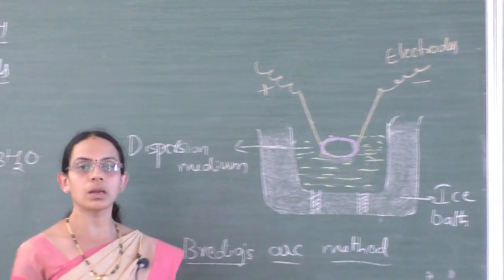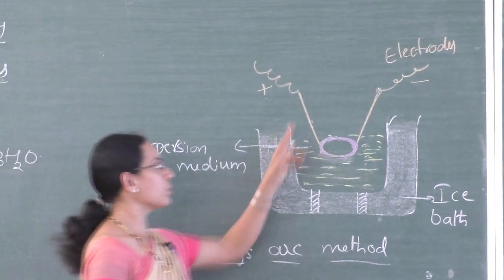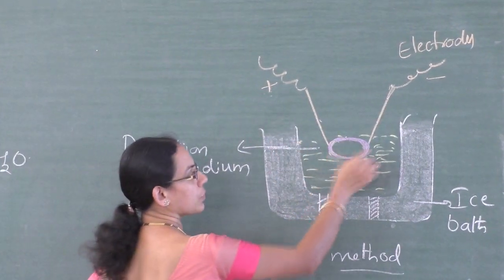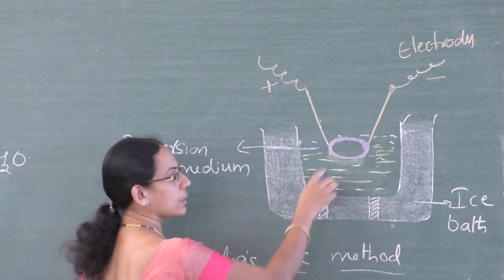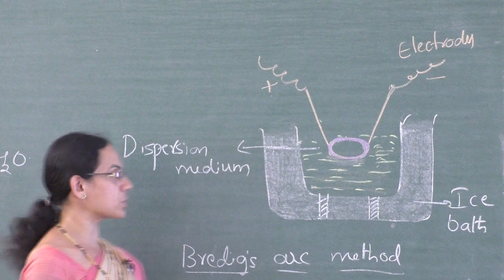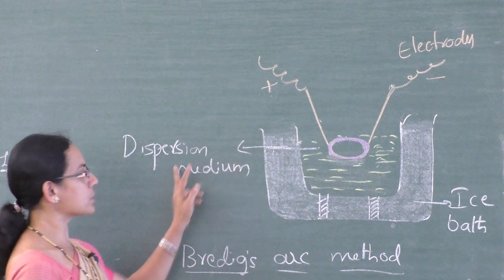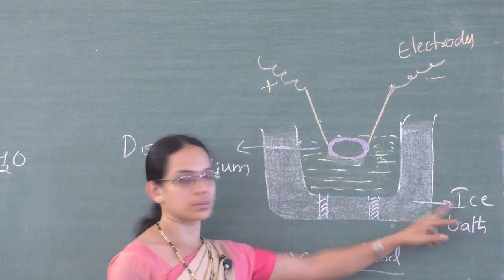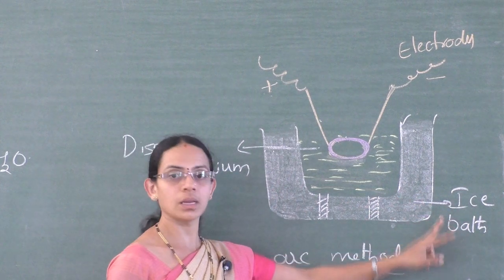If you want to prepare copper sol, we have to take copper electrode here, and those electrodes are struck with an electric arc, and that electric arc is dispersed in a suitable dispersion medium. So this is the dispersion medium, and that instrument is placed in an ice bath.